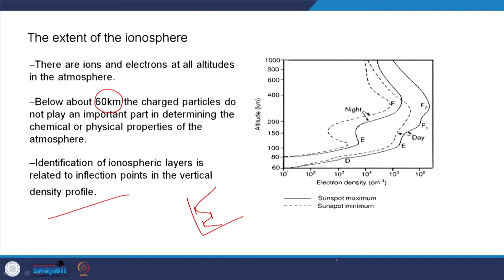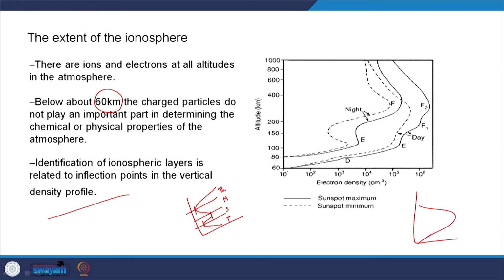These are the points where the slope changes sign. Depending on this, we call this a layer, this a layer, this a layer, like this. So this is the troposphere, this is the stratosphere, this is the mesosphere, and this is the thermosphere. Just like that, the profile does look like a single, let's say Gaussian or something like that, like this.